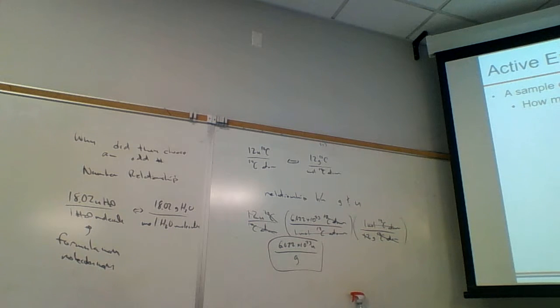The conversion factor that we're going to use here is that we know 1 mole has 6.022 times 10 to the 23rd units, or 6.022 times 10 to the 23rd units is equivalent to 1 mole of units.